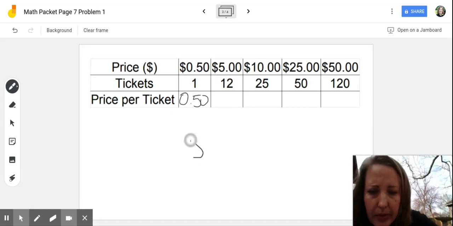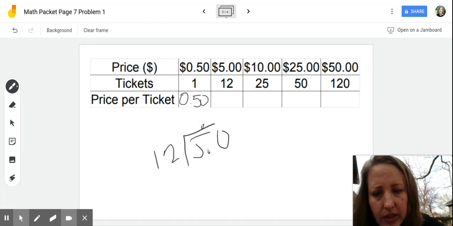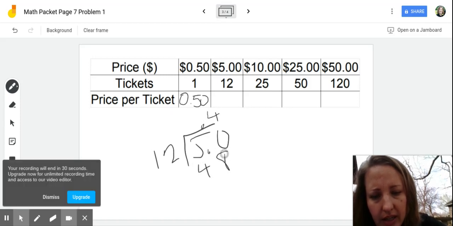Again, on paper, it would look like this. 5 divided by 12. Add your decimal, right? Annex a 0. Raise that decimal to the top shelf. 12 goes into 50 4 times. 12 times 4 is 48 with 2 left over, right?